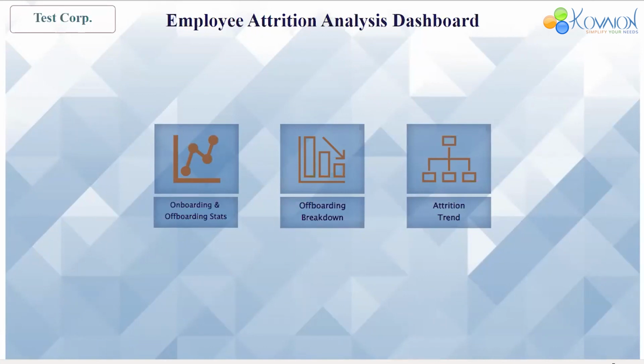For identifying the target group, I have used Power BI. So you could see this landing page on the Power BI instance, which I'm showing right now. This landing page shows me 3 reports or dashboards. The first one is the onboarding and offboarding stats, which gives details about joiners and leavers in an organization.